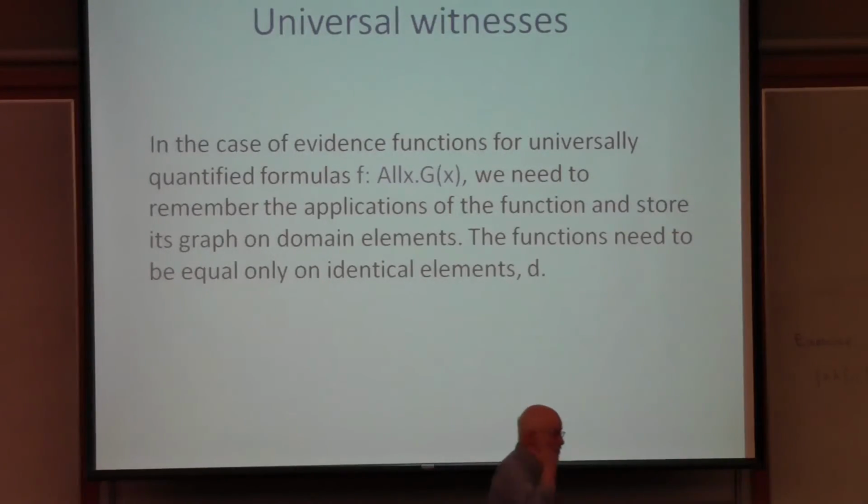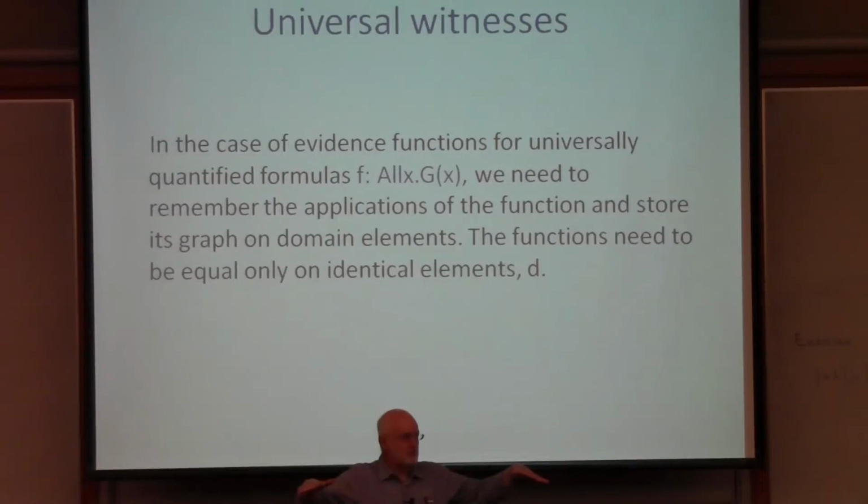But then we realized, oh, for the universal quantifier, this could be bad. Now, that's a function, but you might invoke that function on many elements of the domain. And now those elements are named, like D1, D2, D3. And if you apply F to D1 twice in two different parts of the proof, you better get the same answer.